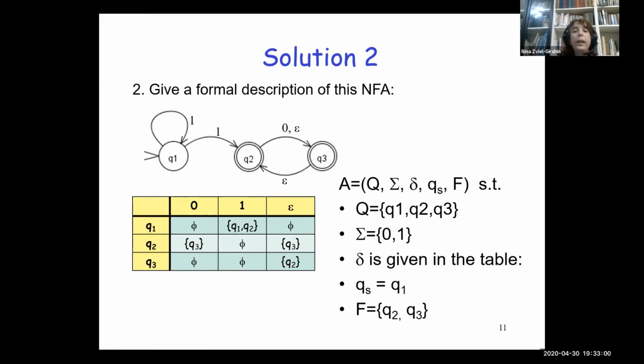Okay. Additional question. Can you define what is the language of this NFA? Try to think for a moment. You were not asked this question, but I would like you to give me an answer. What is the language of the automaton that we have here?